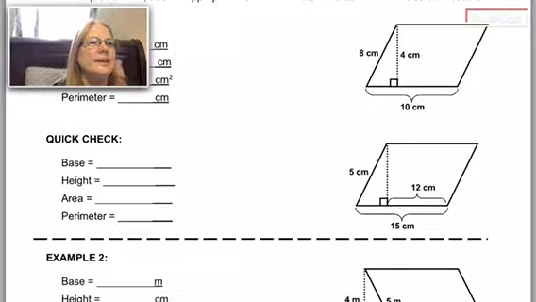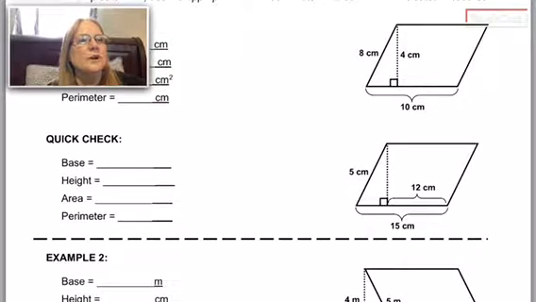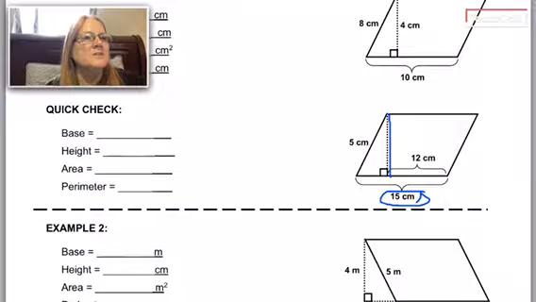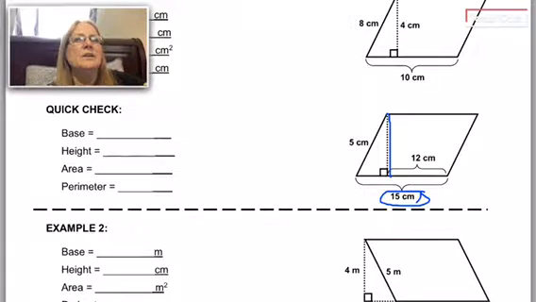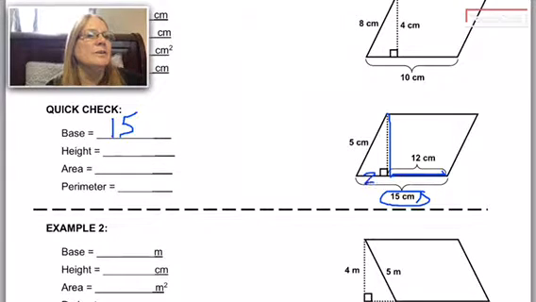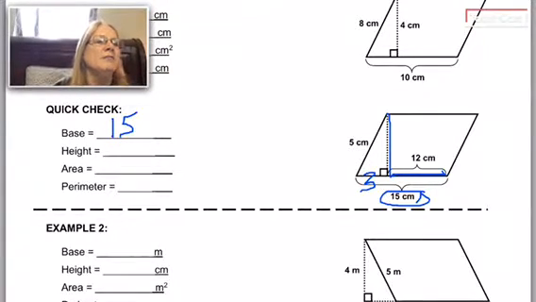In this one, we see the height is drawn to where the 15 is, so that's going to be my base, but we're not specifically given the height. We have this base of 15, and if the distance from here to here is 12, we can say 15 minus 12 and get 3. Now we can find the height by the Pythagorean theorem.